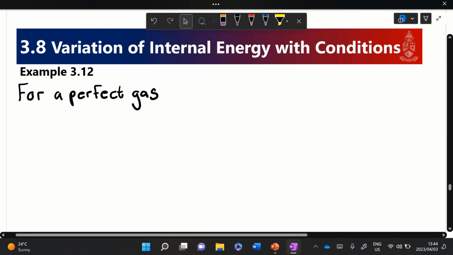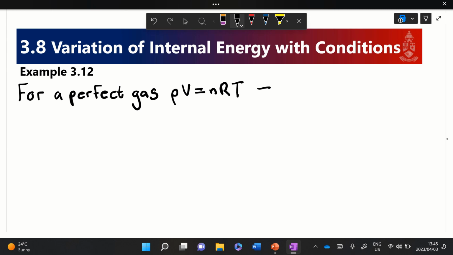So for a perfect gas, we know that PV is equal to nRT. In other words, if we want to make it a function of P, we will say P is equal to nRT over V. Right.